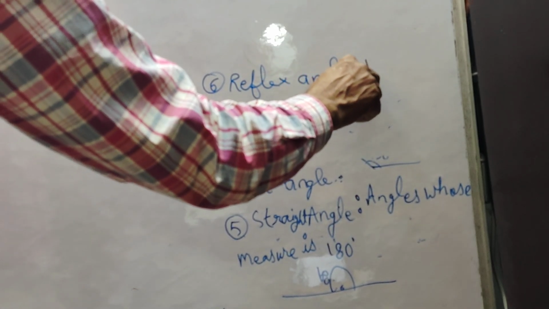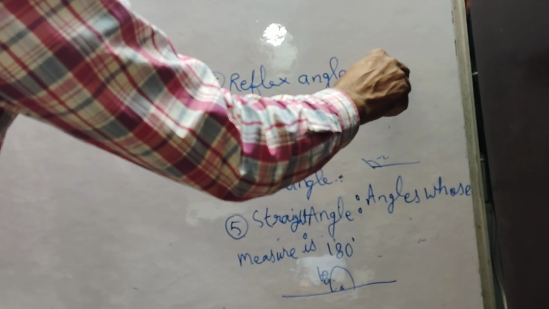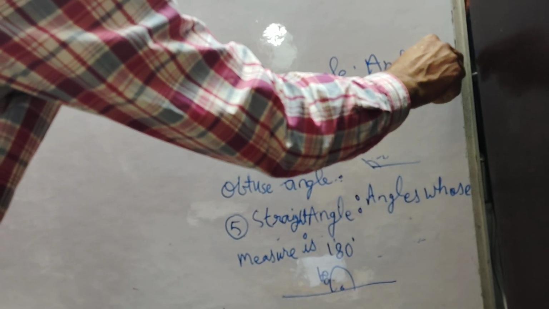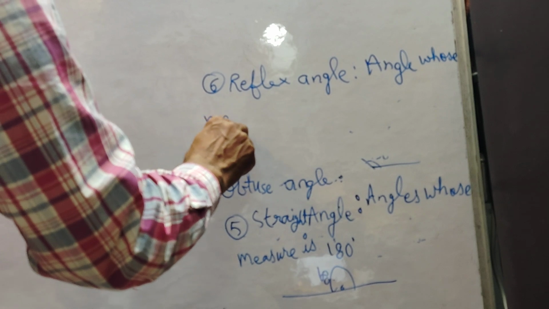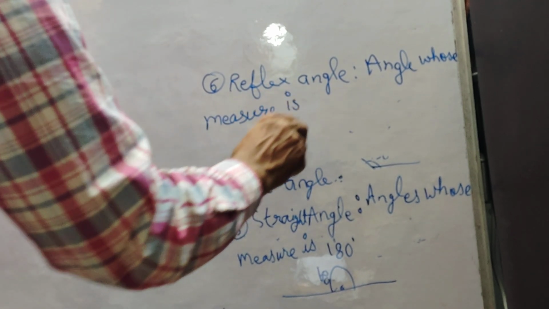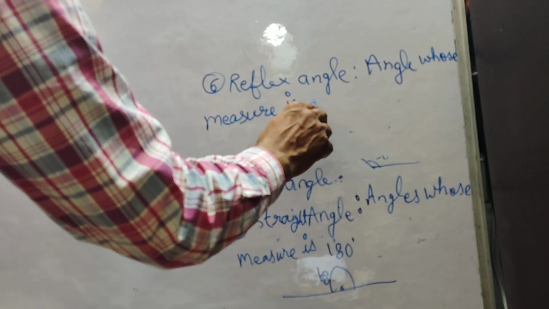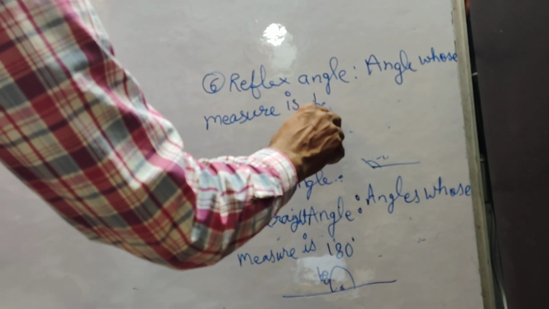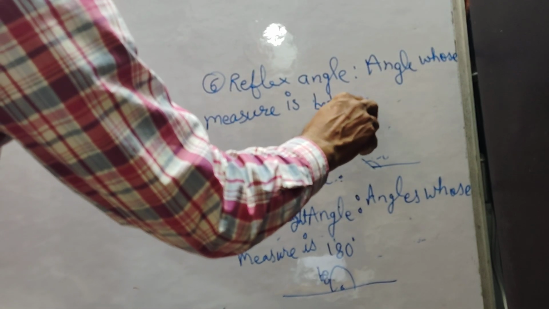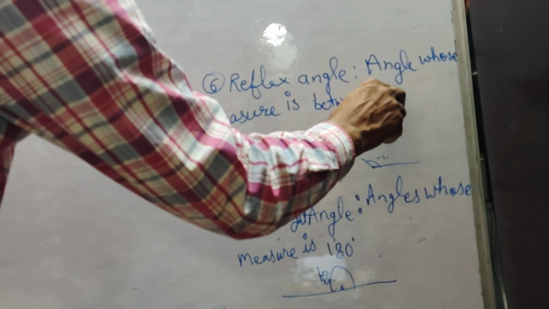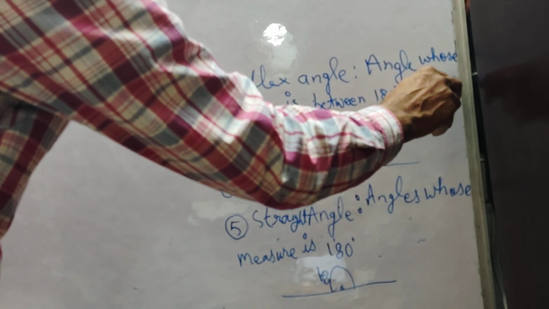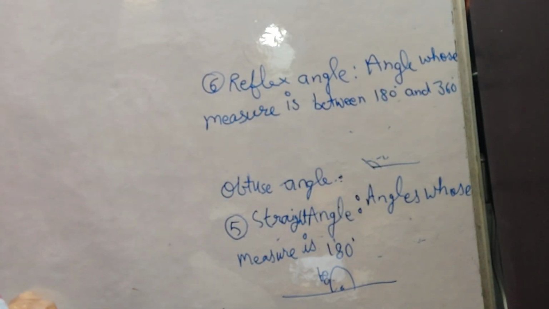An angle whose measure is more than 180 degrees and less than 360 degrees is called a reflex angle.